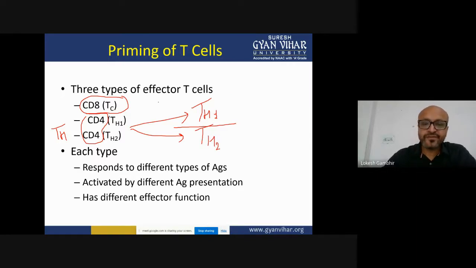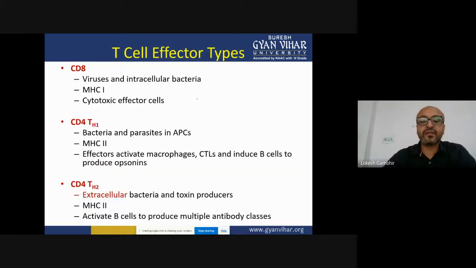Now, first of all, please be clear. All the three types of functions given by T cells are against the antigens. They are activated only and only by antigen presentation, and they are performing different functions: lysis of the cell, activation of humoral response, activation of cytotoxic T cell, and there are different things. So let us see. CD8 cells, cytotoxic T cells, will cause the lysis of the infected cell. They will be activated by MHC1.